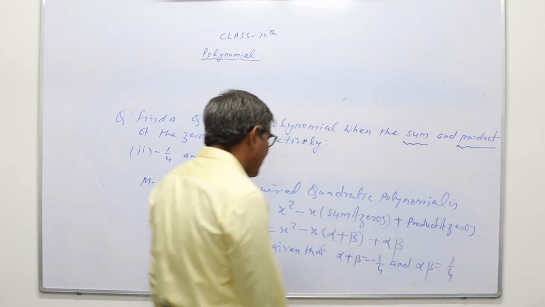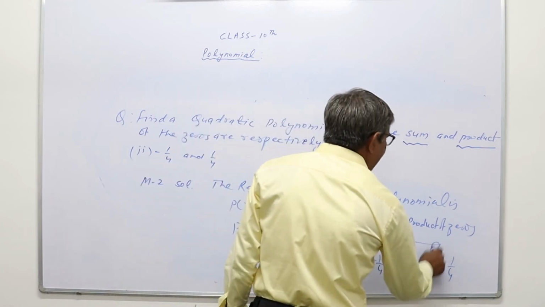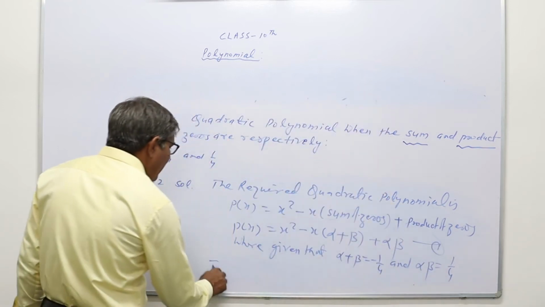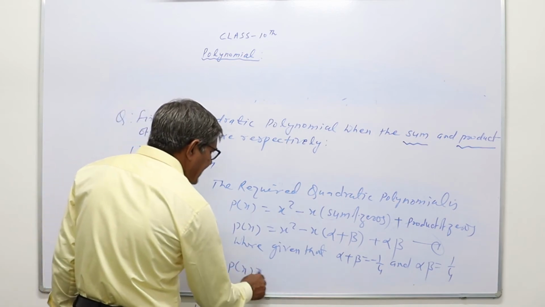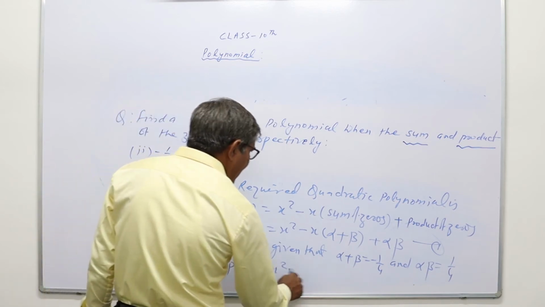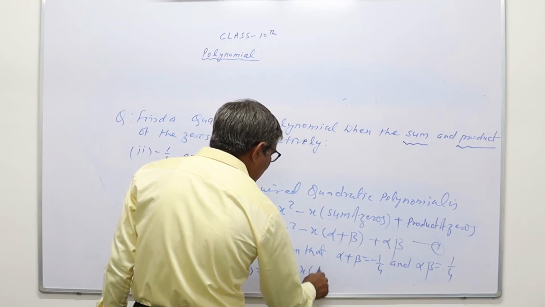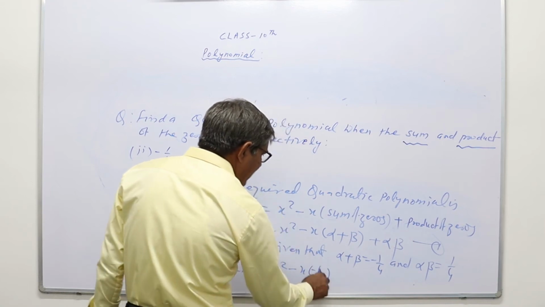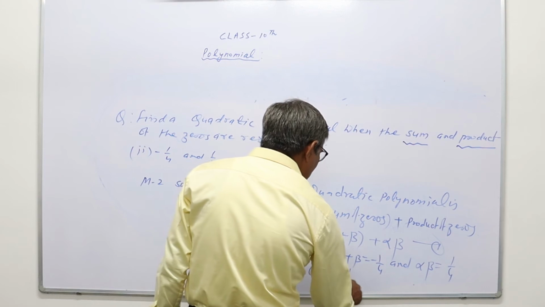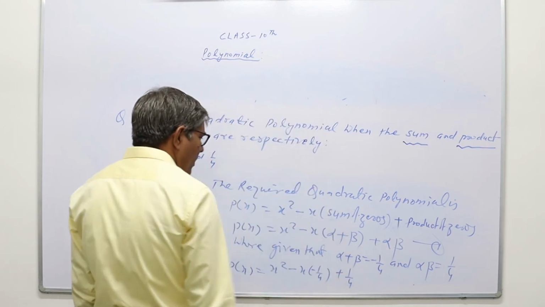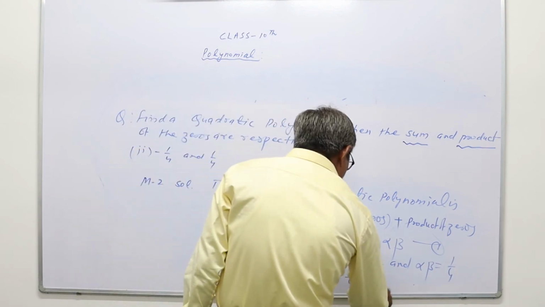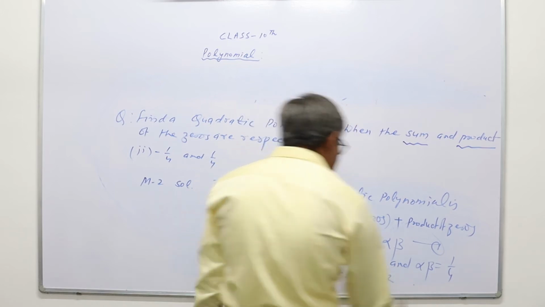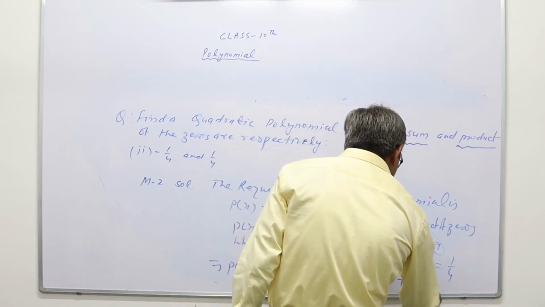So by substituting these two in the required quadratic polynomial, p(x) equals x square minus x into minus 1 by 4 plus 1 by 4. So, it will be equal to 4x square plus x plus 1.